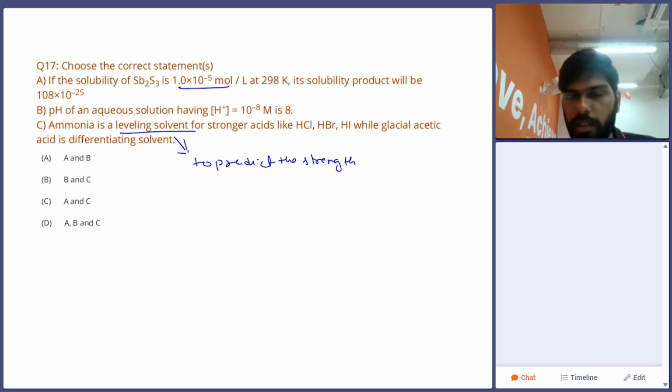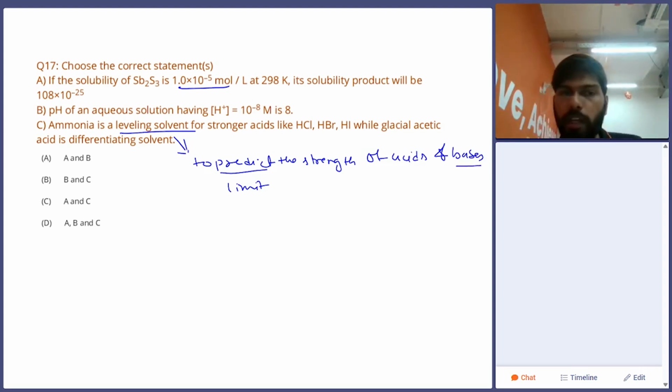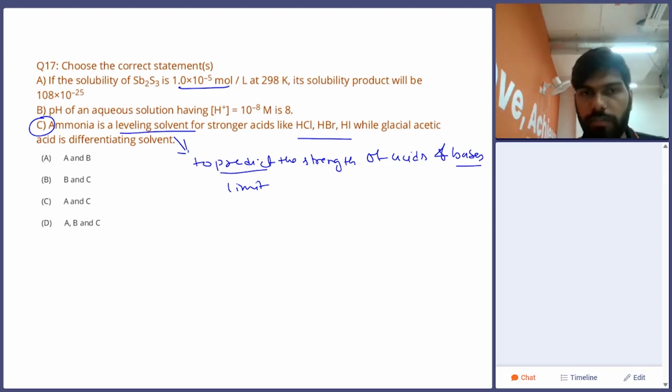Remember it. Ammonia is used for stronger acids like HCl, HBr, HI. But glacial acetic acid, a weak acid, is used as a differentiating solvent. So this is correct. So wherever option C is written, that option you have to mark.